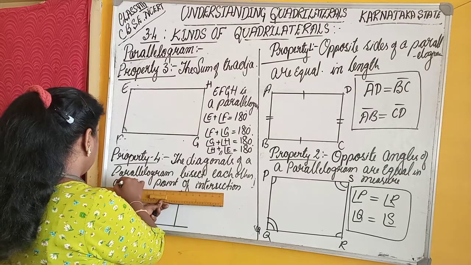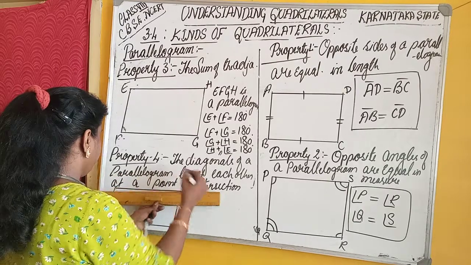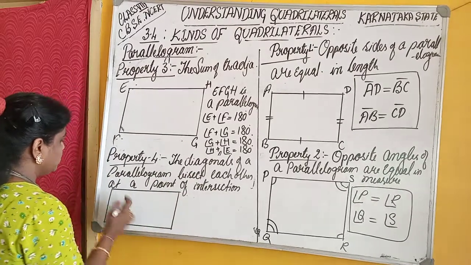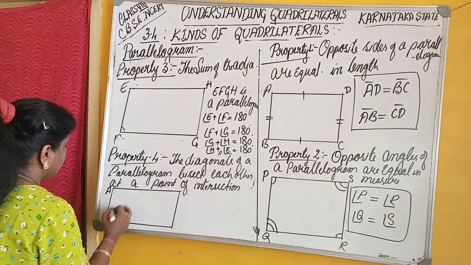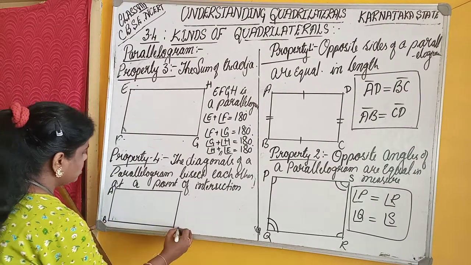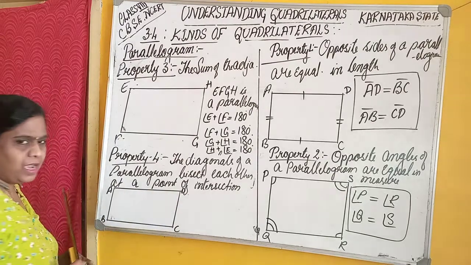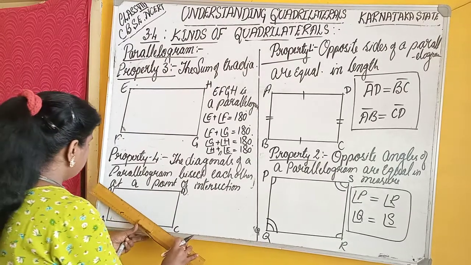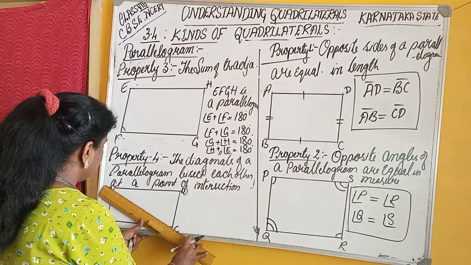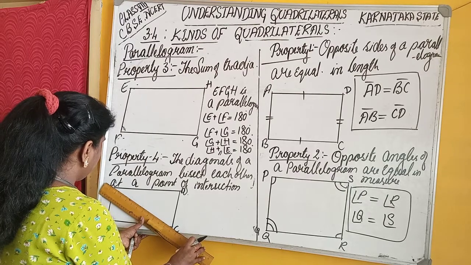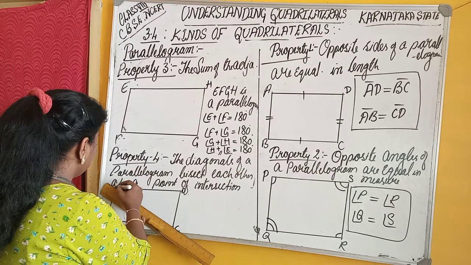Okay, it is a parallelogram. Give the name A, B, C, D and draw the diagonals. If we join the opposite angles, that is a diagonal.